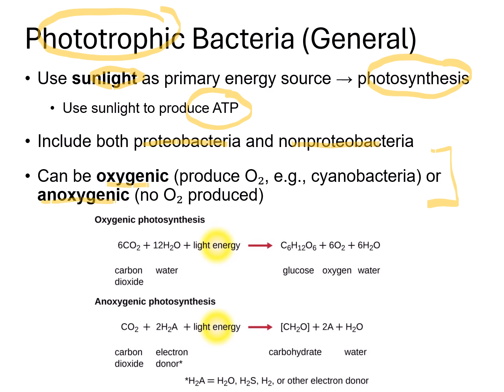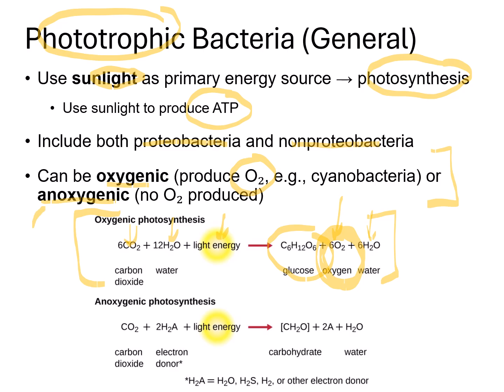So oxygenic photosynthesis is what you typically see in courses before this course. So maybe in general biology, you saw this equation for oxygenic photosynthesis where plants take CO2 and water and light and produce sugars, oxygen, and water, right? So this is oxygenic photosynthesis because oxygen is a product of photosynthesis.